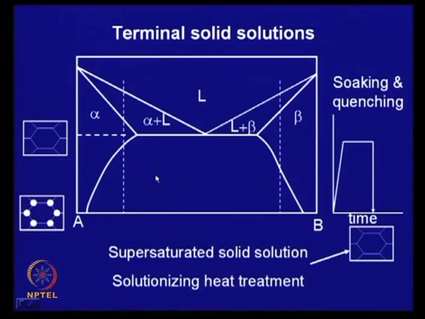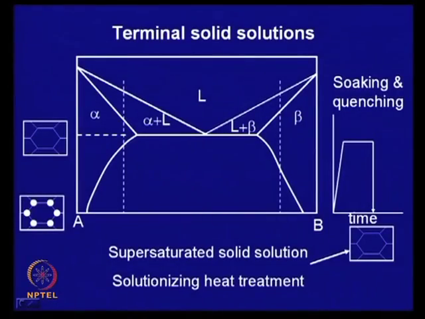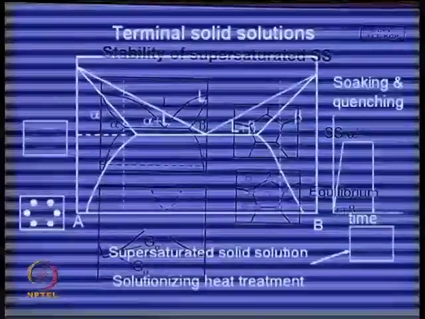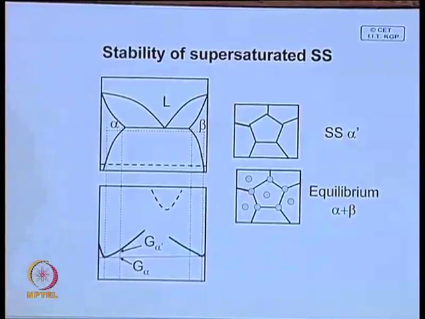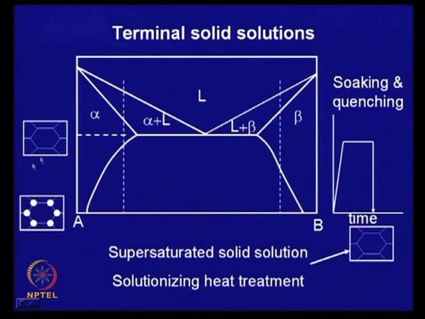Now, let us look at the terminal solid solution here, and what happens if you heat it. Suppose we take this alloy and at room temperature, this is its microstructure.